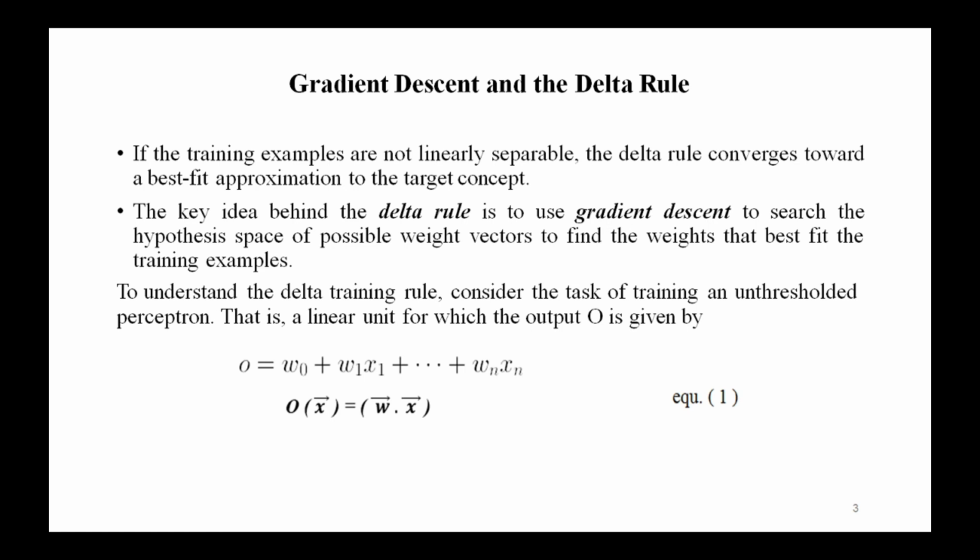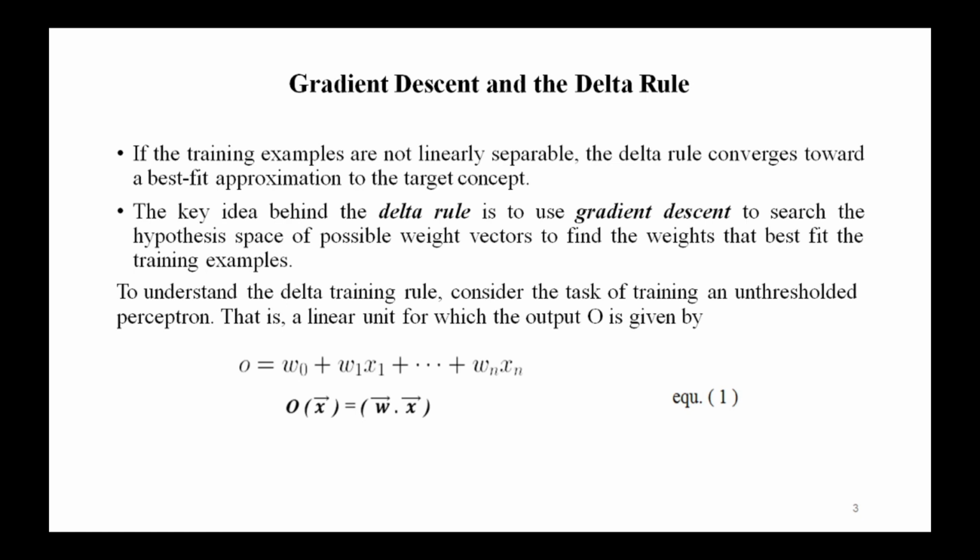Yes, in yesterday's class I discussed this point, that the perceptron fails to converge if the examples are not linearly separable, and I illustrated this with an example and some formulas also, right?